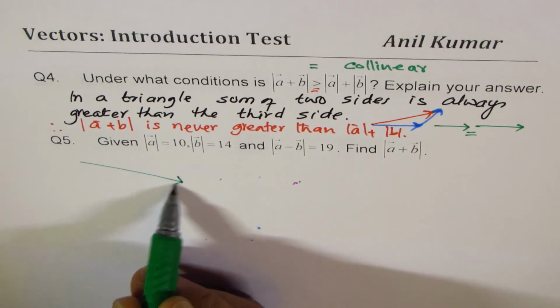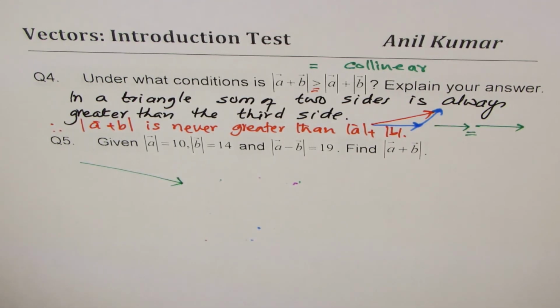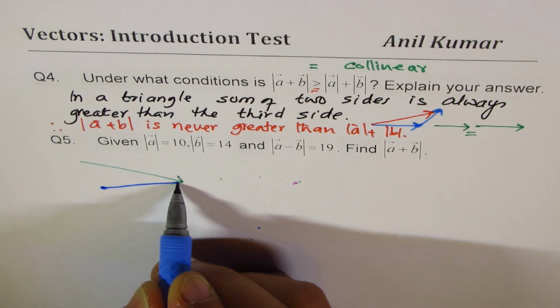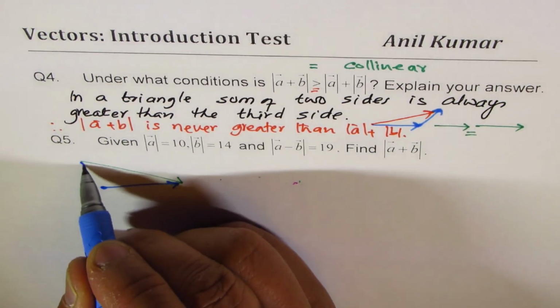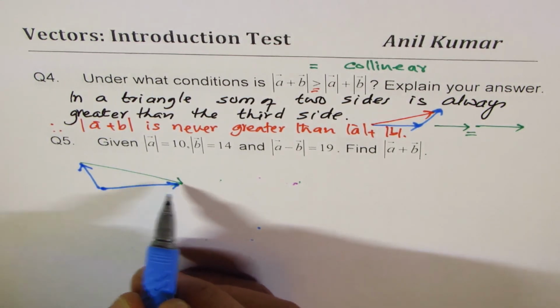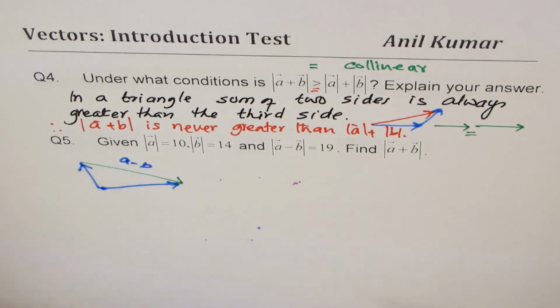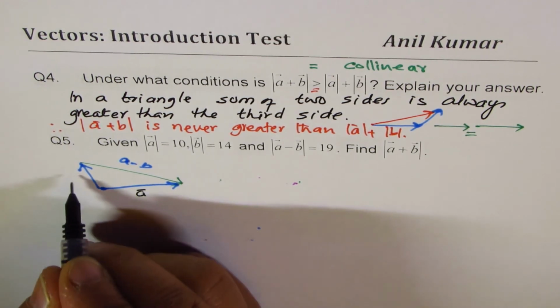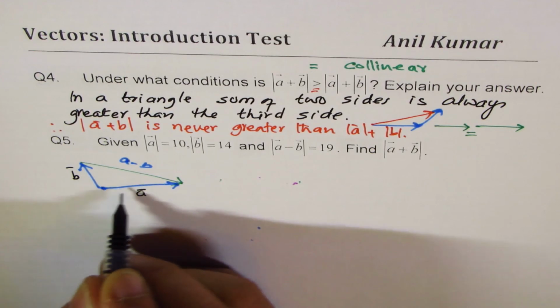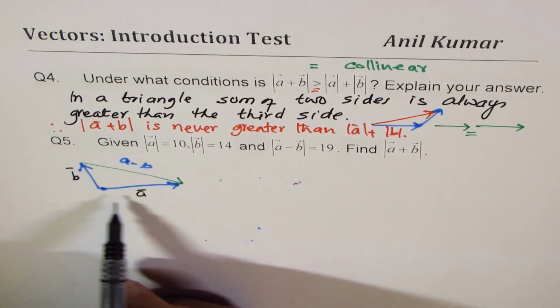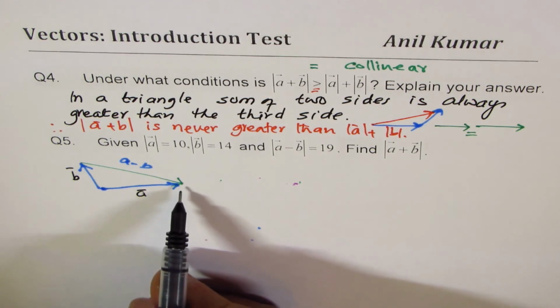If I have a vector like this, let's say this is a and this is b, so that becomes a minus b. Do you see that? So that is how you sketch the a minus b vector.